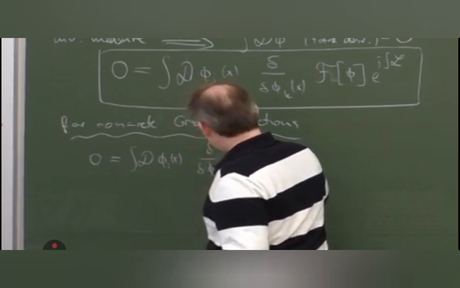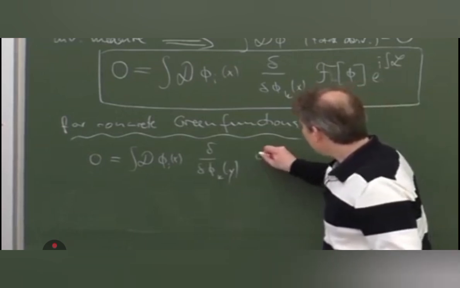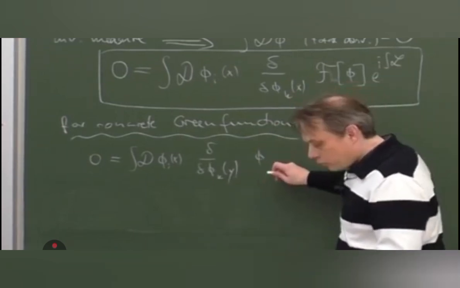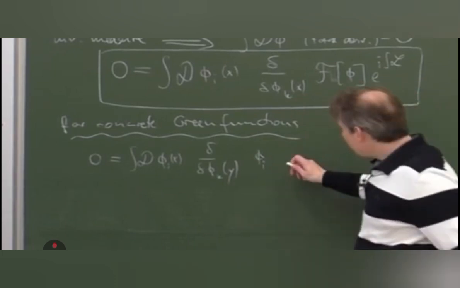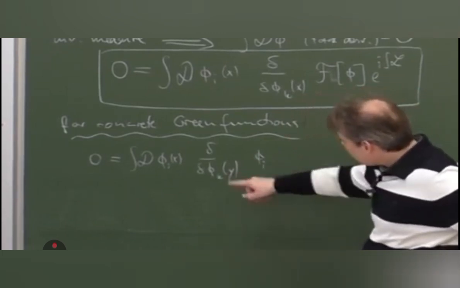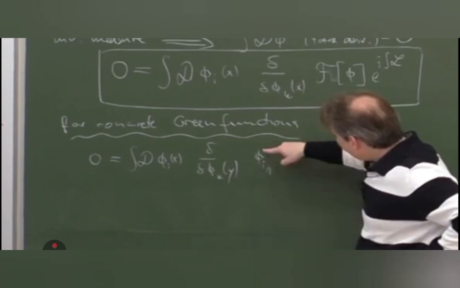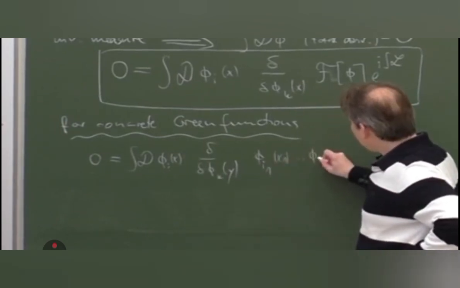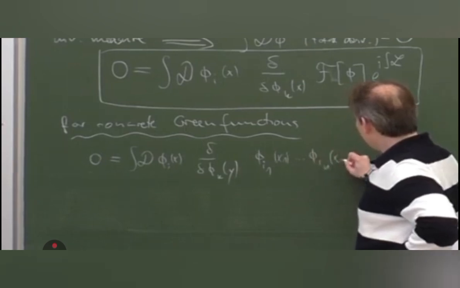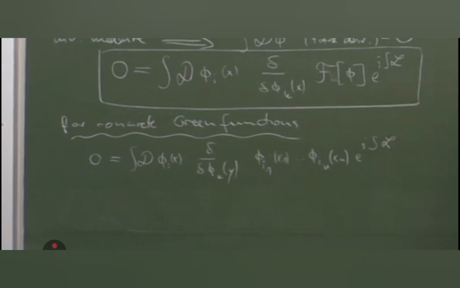And so let's put now here an argument y to be more explicit, and here let's put the following, a certain string of field operators, and to make it a little bit more explicit, or let's say non-confusing, let me write the following, phi i1 of x1 up to phi in of xn times e to the I times the action.